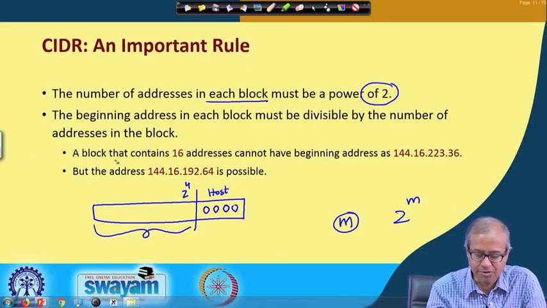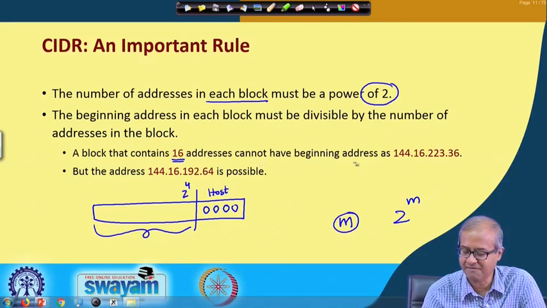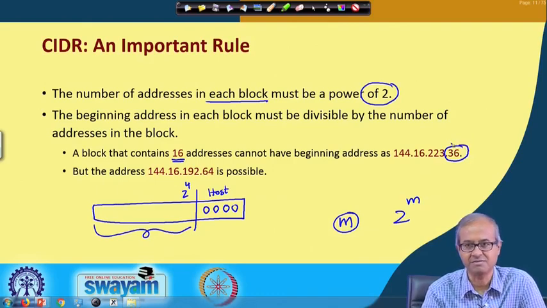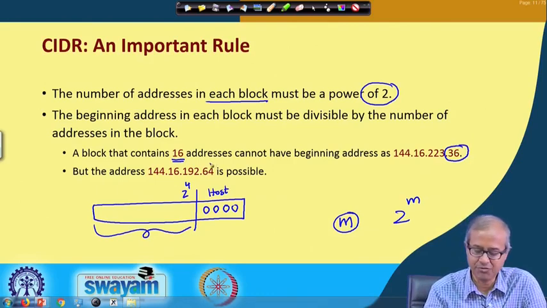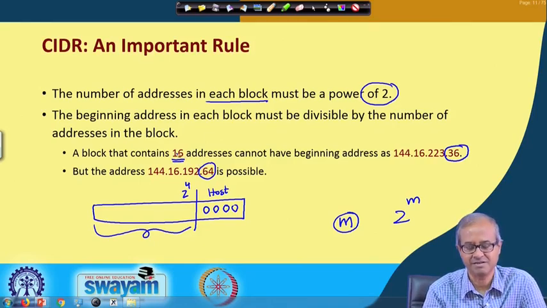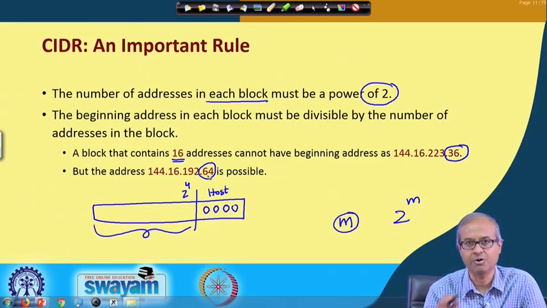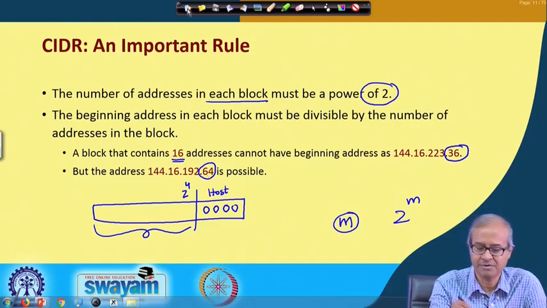So, a block that contains 16 addresses can never have the starting address as this, because this is not divisible by 16, but you can have 64 because 64 is divisible by 16. So, just by looking at the address you can say whether it can be the starting address in a CIDR block or not.